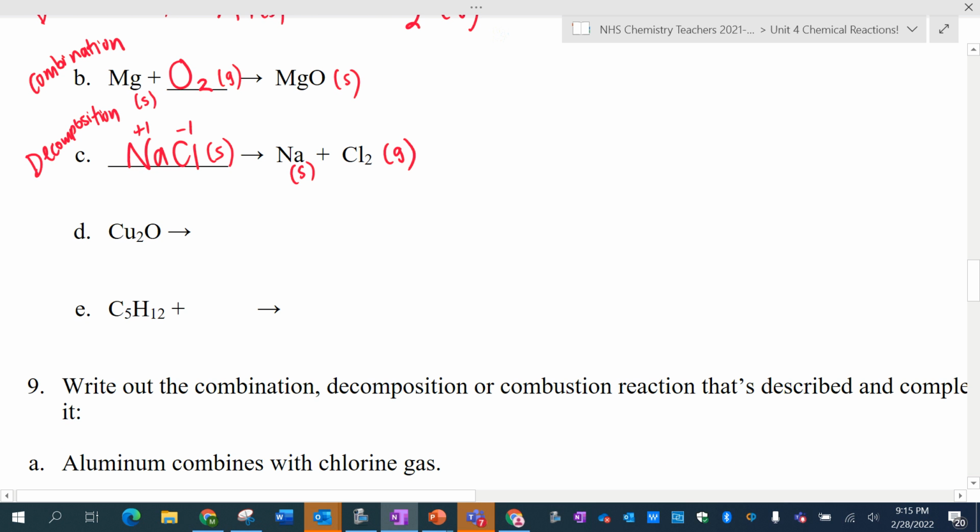You can find the state of matter by looking at the periodic table. Next, we must have another decomposition because it's one reactant. So the only thing it can do is break down. So it's going to break down into Cu solid plus O2, which we know is a gas.